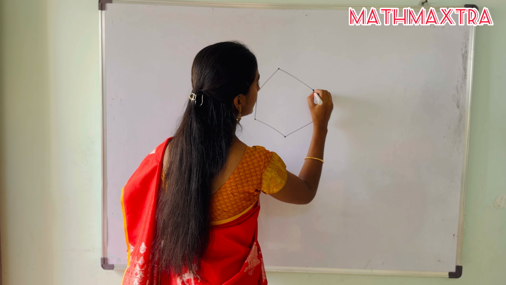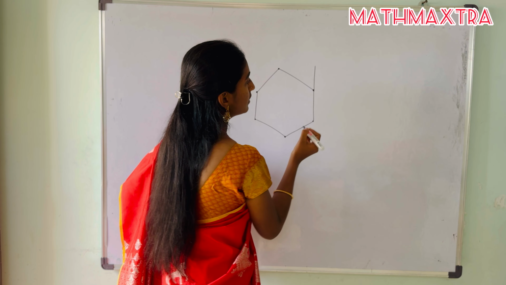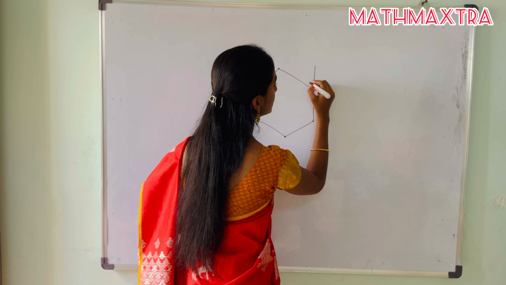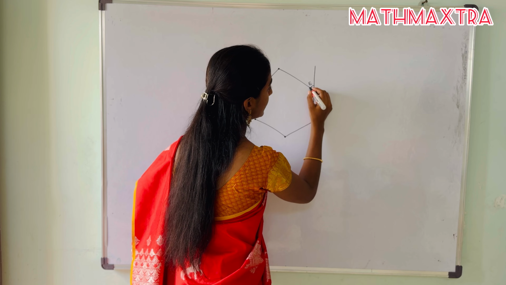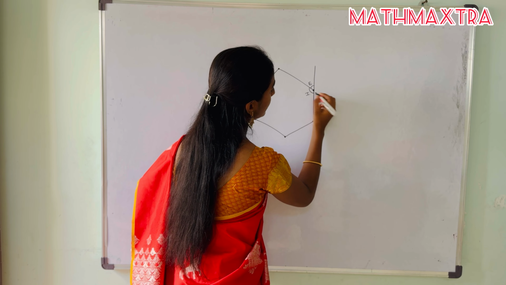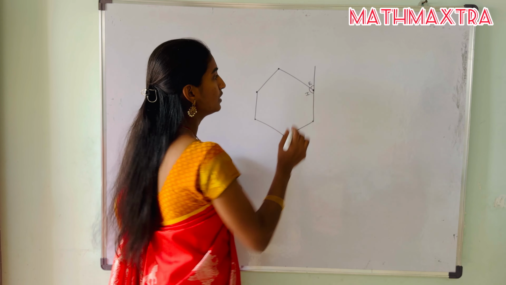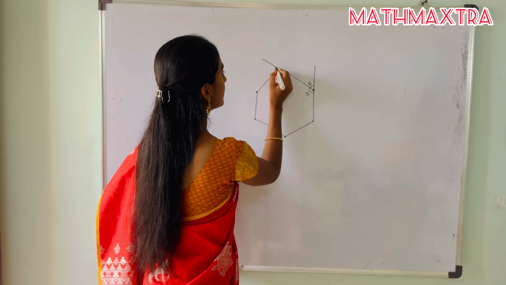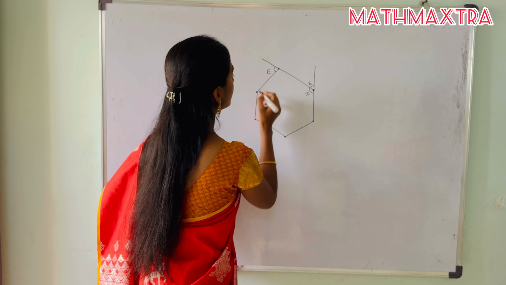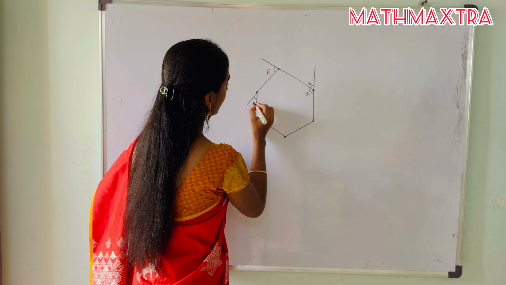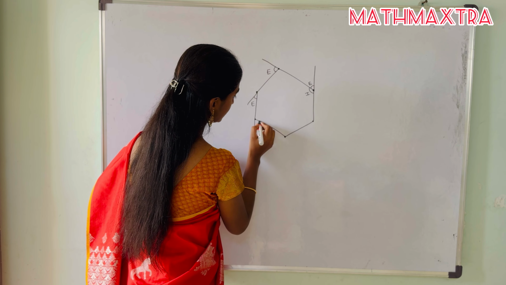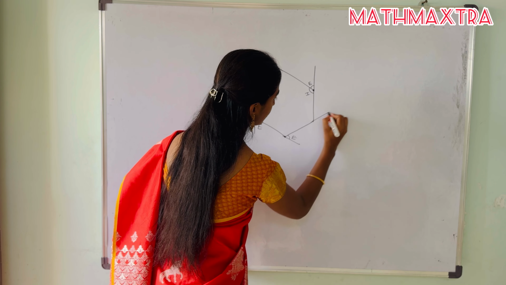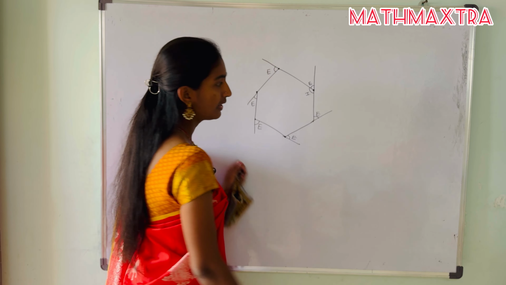If you extend this side, then here the angle forms, this we call an exterior angle, and this angle we call an interior angle, isn't it? So at each vertex there is a chance of forming an exterior angle, isn't it? Yes, this is one exterior angle, and this is one exterior angle. This is one exterior angle, isn't it?